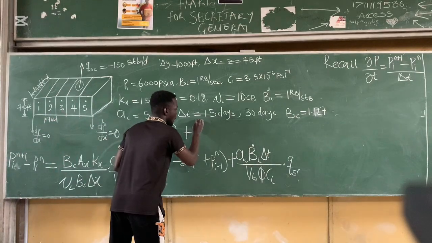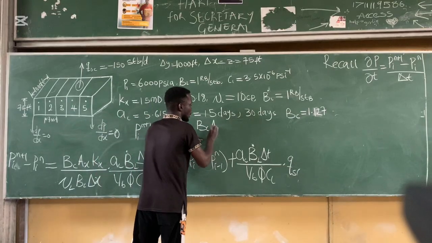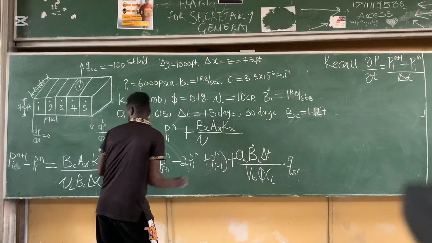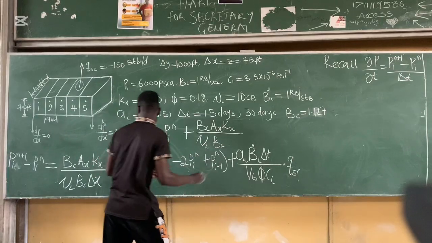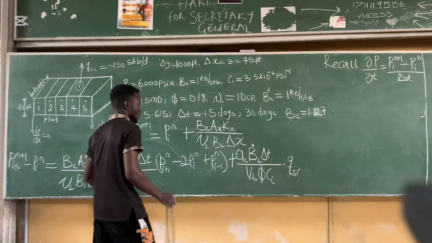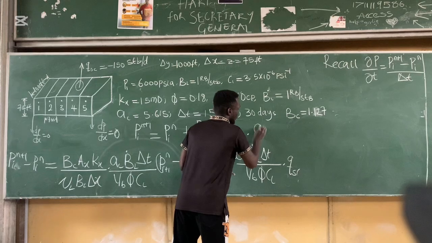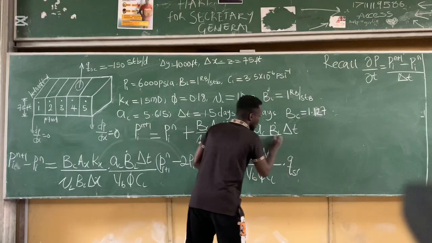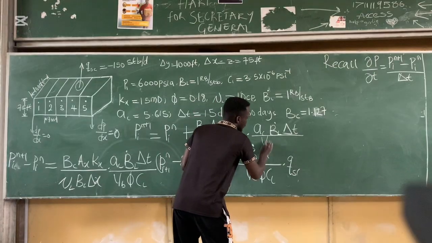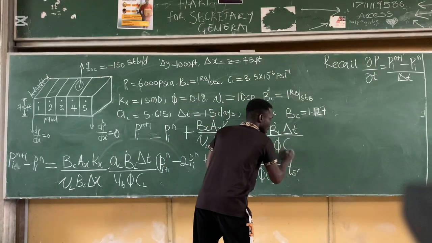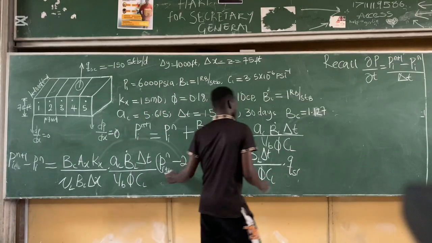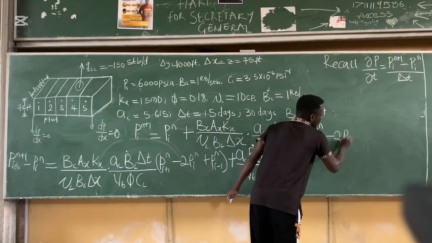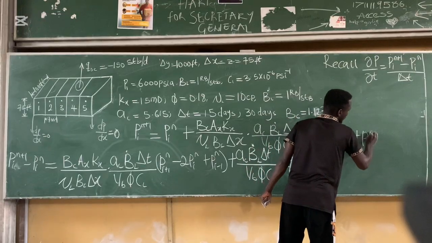So we'll put this B_c A_x k_x divided by mu L B_L delta x, which is just this, multiplied by A_c B_L dot delta t divided by V_b phi c_L, which is just this, into this bracket, into P_(i+1)^n minus 2P_i^n plus P_(i-1)^n.